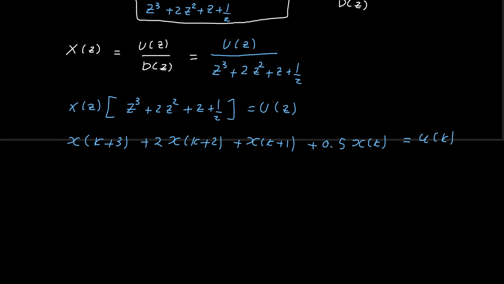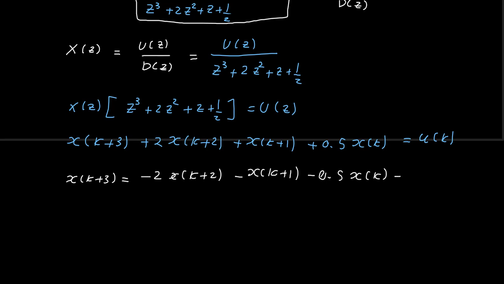Now put the highest sequence on one side, which is the x of k plus 3, which will equal minus 2x of k plus 2, minus x of k plus 1, minus 0.5 x of k, plus u of k.